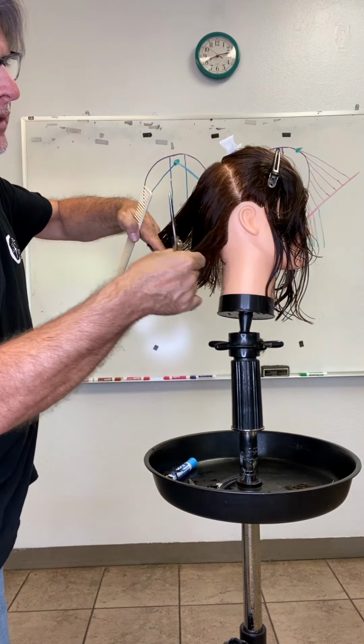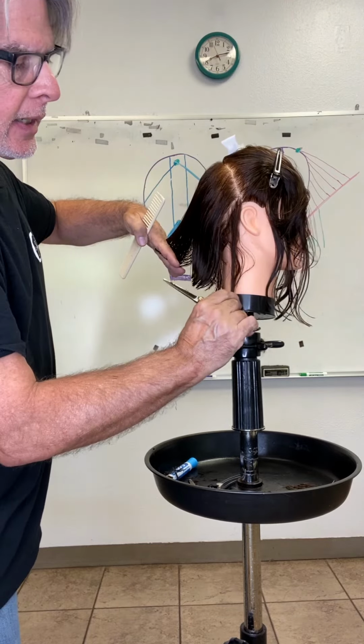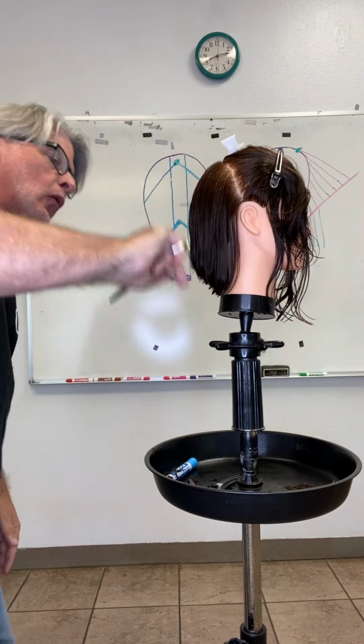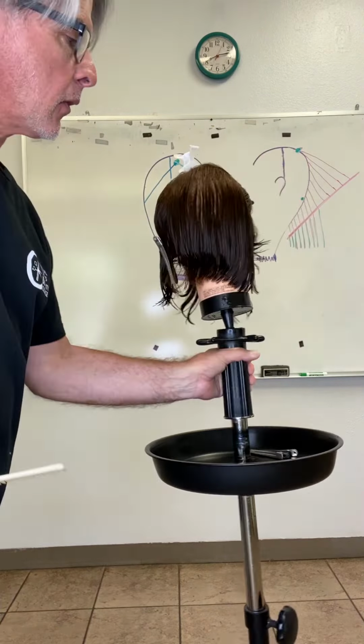See how this hair did not come up to here. If it does and you cut it, you will cut a hole right there in your perimeter.